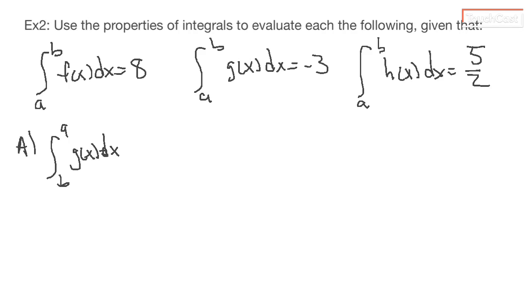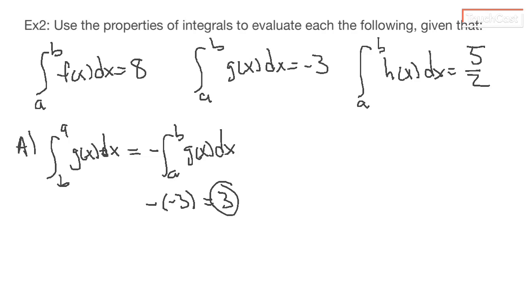Now that uses the second property from the list we made in the last video, which means that it's the opposite of the integral from a to b of g of x with respect to x, and we know that from a to b the integral is -3. So the opposite of -3 is 3. So our answer is 3.